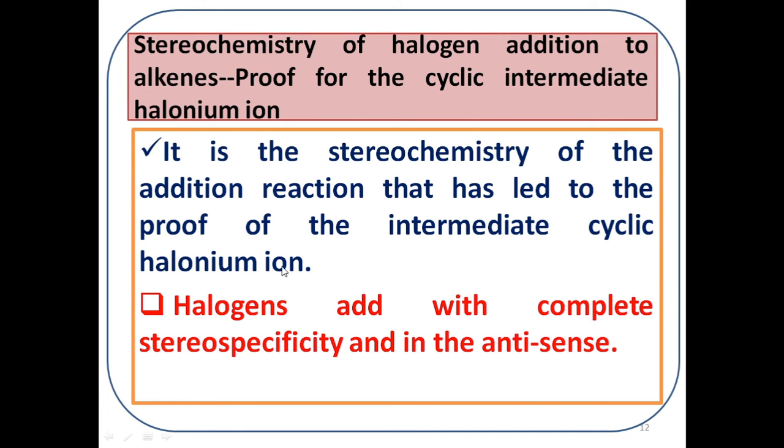So the actual proof for the cyclic intermediate halonium ion comes from the stereochemistry of the addition reaction. Here, the halogens add with complete stereospecificity, and in the anti-sense or trans sense. The addition is always anti-addition and the reaction is always stereospecific in nature.